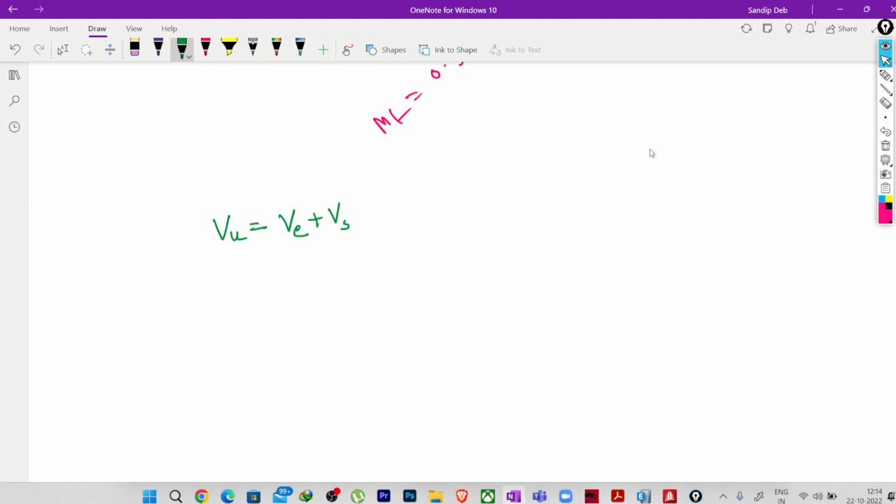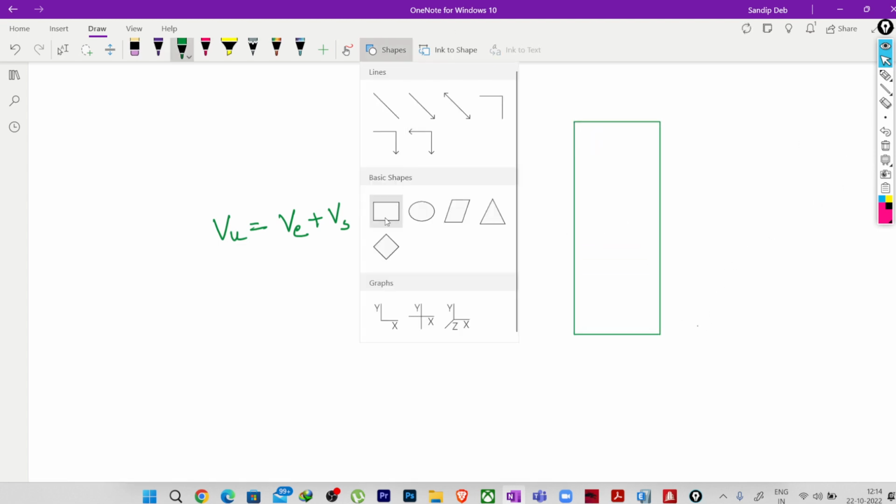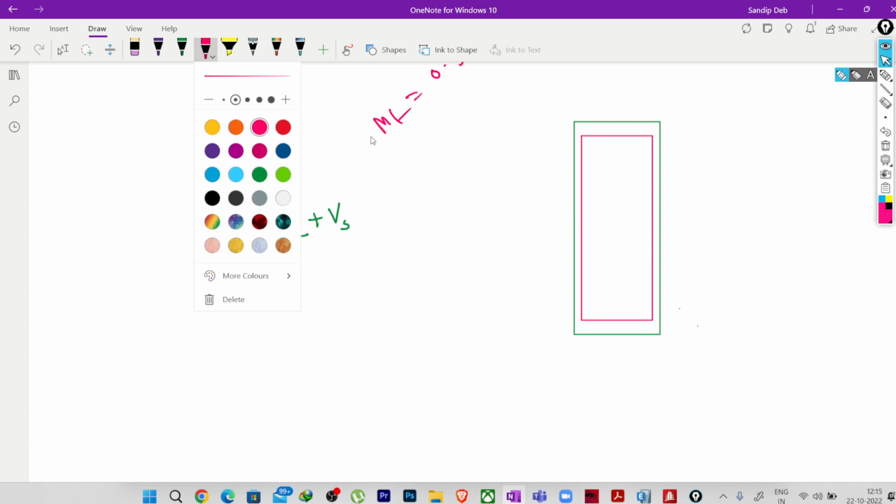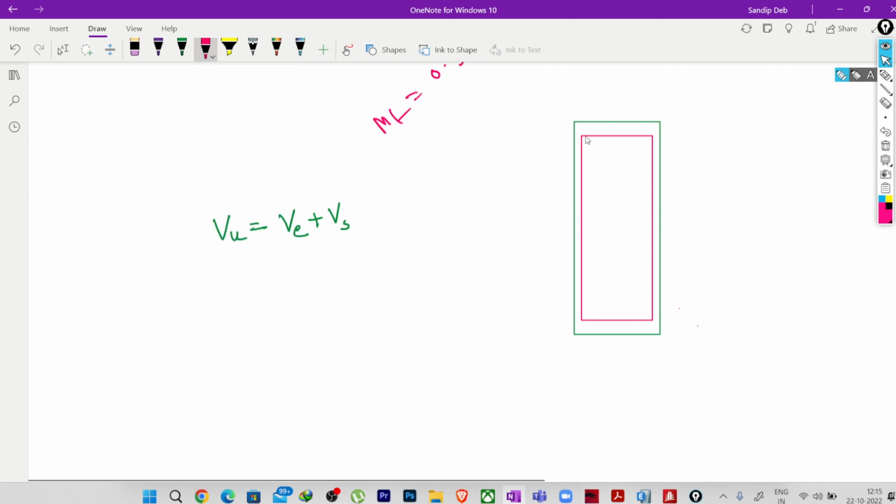If you see how we provide the steel, suppose this is my beam and we provide the shear reinforcement in terms of stirrup, like this. And these are my main reinforcements.